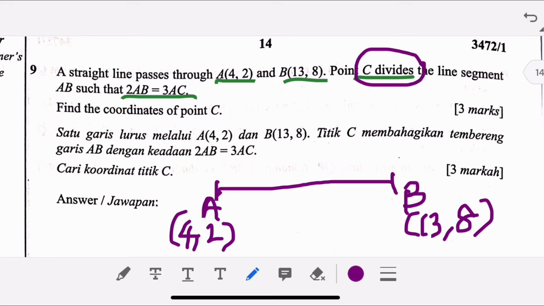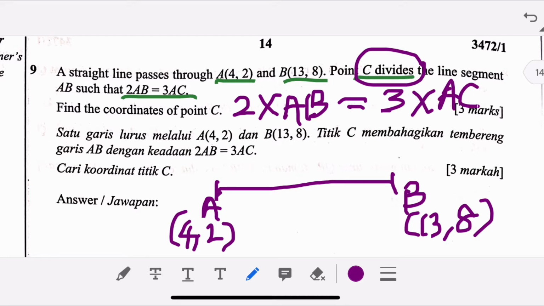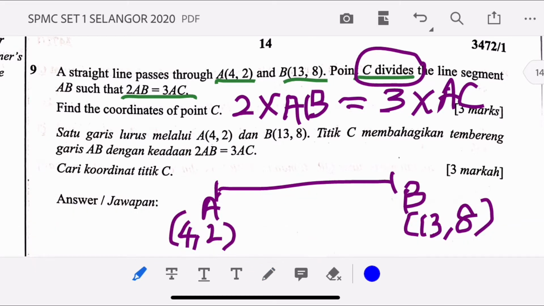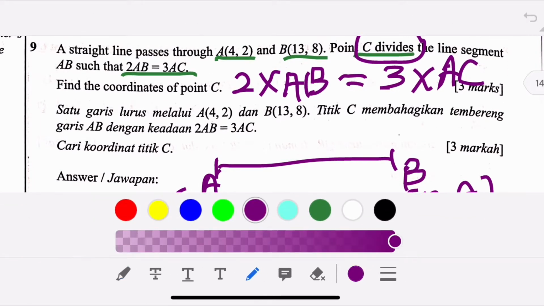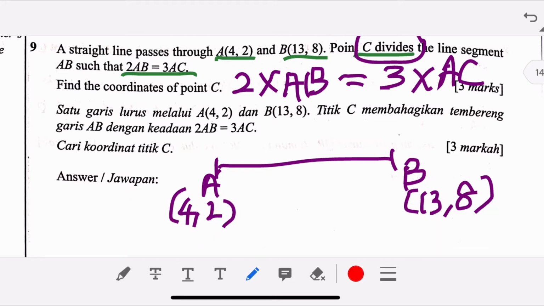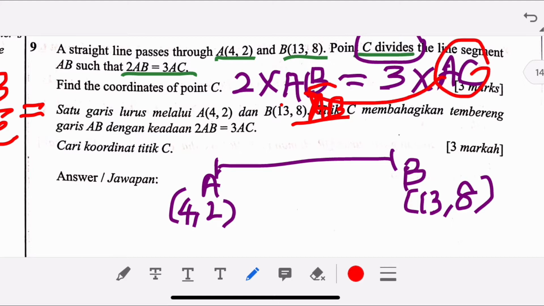It's going to divide the line AB into the ratio. Let's study the ratio carefully. 2 times AB equals 3 times AC. Okay, the ratio is very important. So if I write the ratio properly, I'm going to write the ratio AB over AC is equal to, so I bring the AC to be divided here.